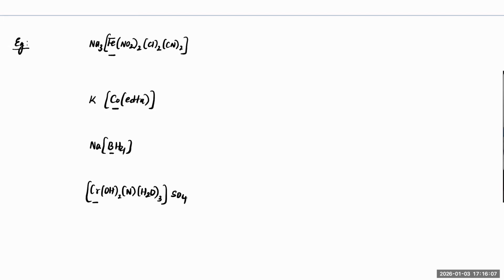First case, you must have noticed that I can write this entire compound without the sodium form as overall -3, which makes it x plus 2 times of -1 plus 2 times of -1 plus 2 times of -1 overall equal to -3. So which means x is equal to +3.